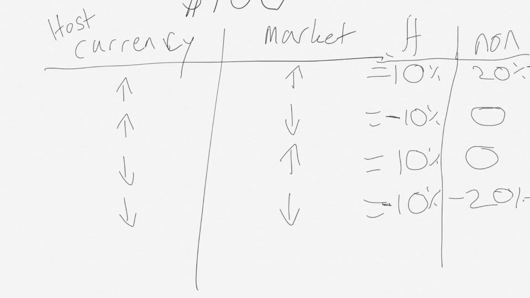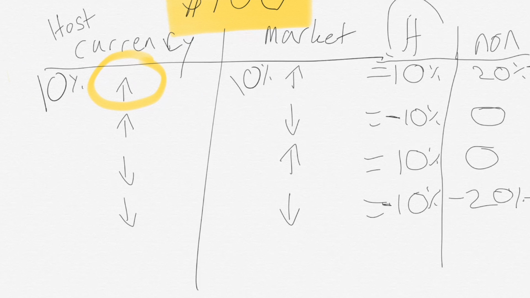However, a hedged ETF can also work against you. Let me explain. Okay, so this can get a bit confusing. If you invest $100, and let's say your currency is going to have a 10% change either way, and then the market itself is going to have a 10% change either way, and then we've got hedged versus non-hedged.